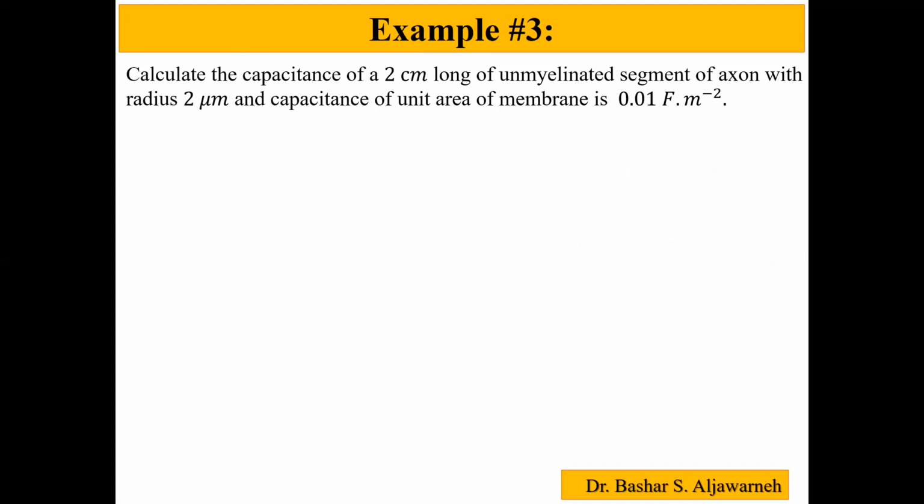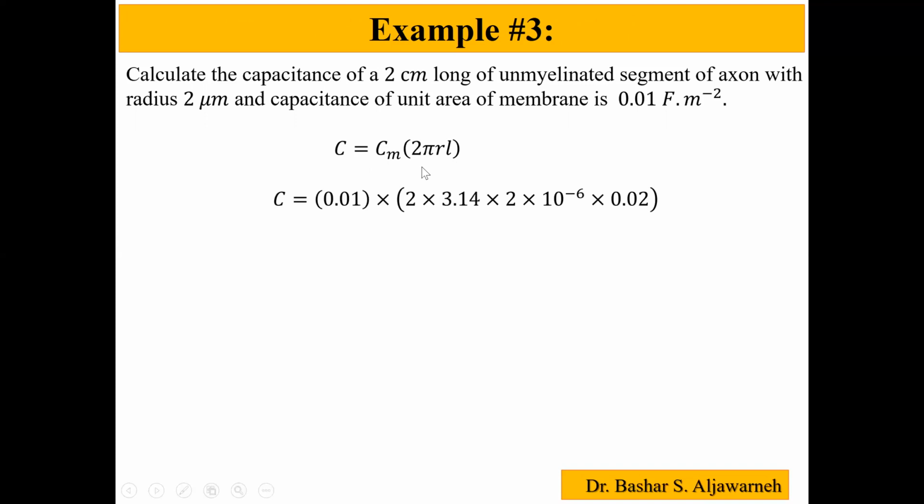Let us solve this example. Calculate the capacitance of a 2 centimeter long unmyelinated segment of axon with radius 2 micrometer and capacitance of a unit area of membrane, which is 0.01 farad divided by meter square. Okay. In other words, we are going to calculate C. We know C equals the surface area times the capacitance of a unit area of membrane.